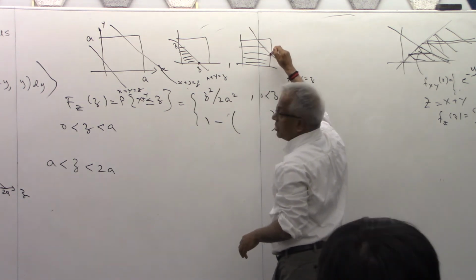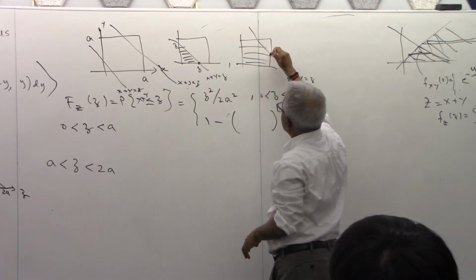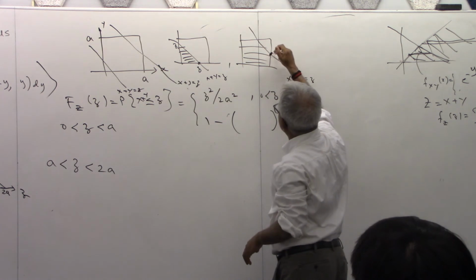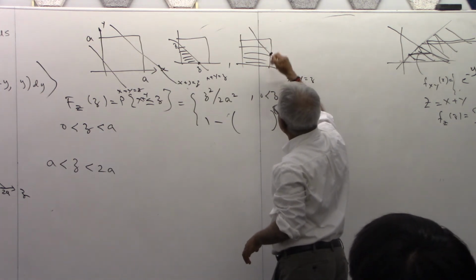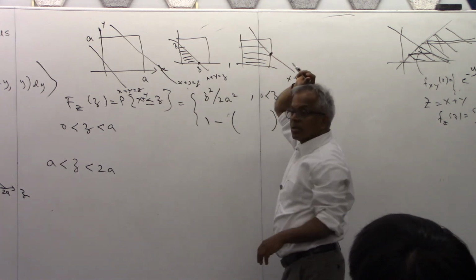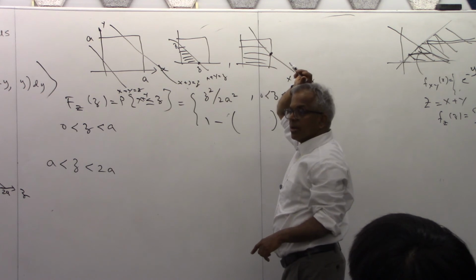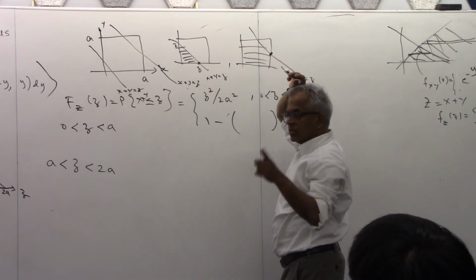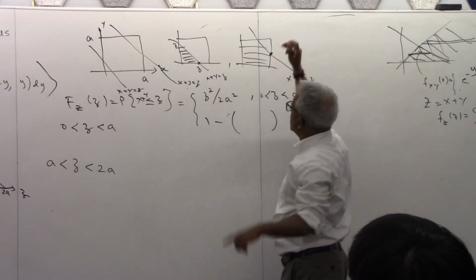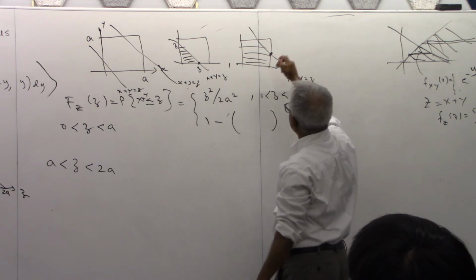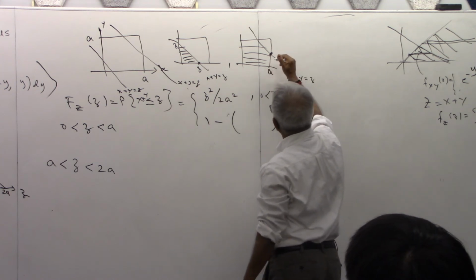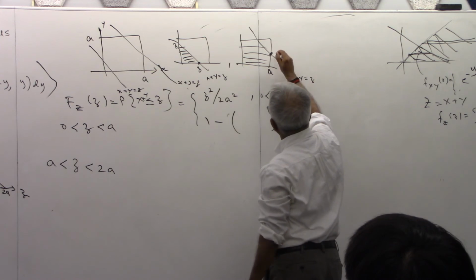What is this point? Anyone? See, x is 1. So what is the height? Z minus x, but x is 1. Z minus 1. I'm sorry, x is a, right? So y is z minus a.